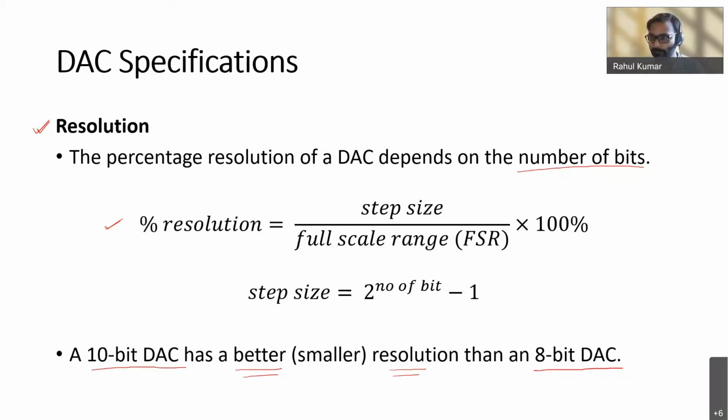Okay. Like the resolution of a camera, if you zoom into the picture, you can zoom up to a very great extent, right? So you can even see the smaller details, right? Similar to that, resolution means you can detect smaller changes. Okay.